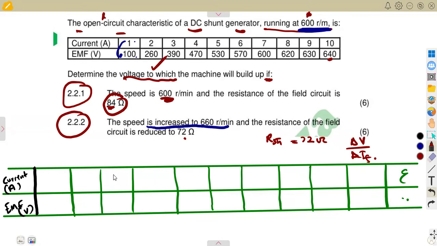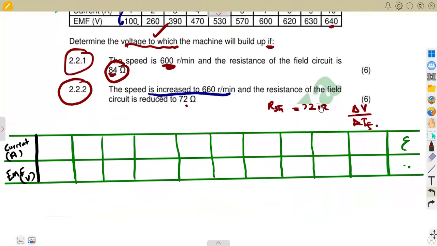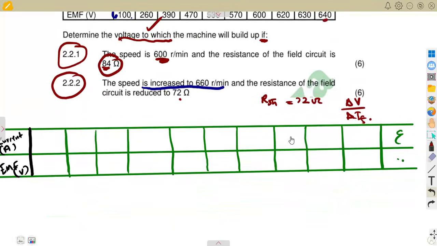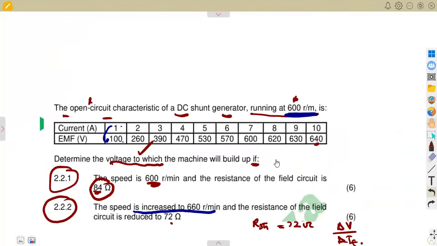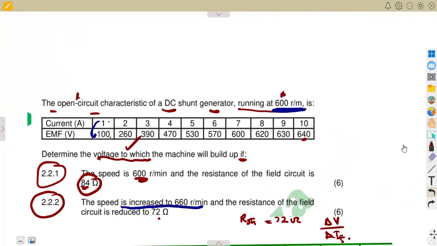Remember, from the properties of a generator, talking of a DC machine, there is a relationship that we consider in terms of the speed. E is equal to K times N, the speed, times the flux.